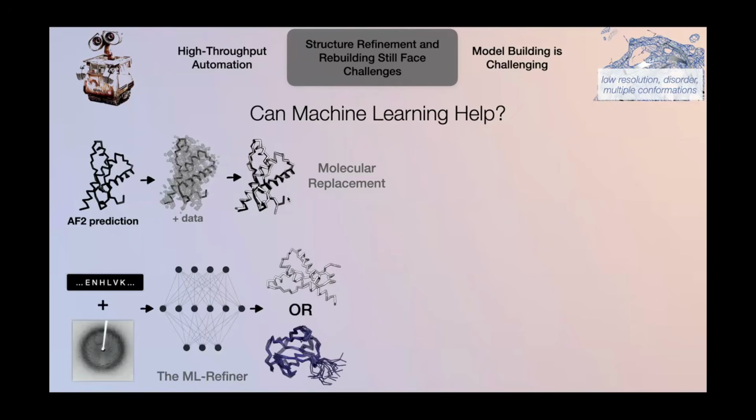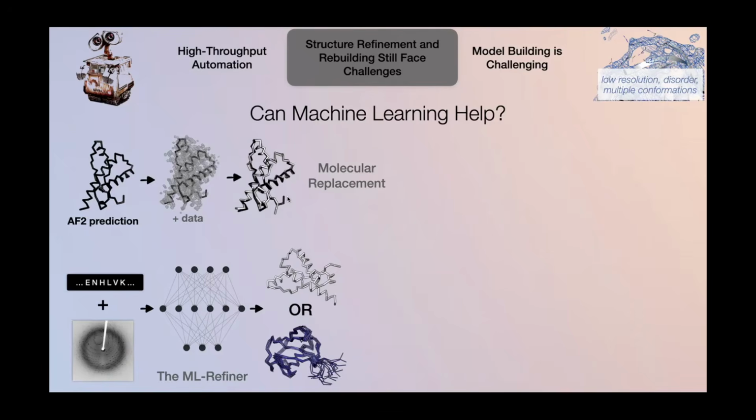It's something that we don't really have yet, but you could imagine something that I've vaguely called here the ML refiner, where you could have a structured prediction algorithm that starts with sequence information, but also with a set of condition-specific observations that you've obtained from an experiment to predict either a single protein or macromolecule conformation, or ideally even multiple conformations that can fit and explain this data.